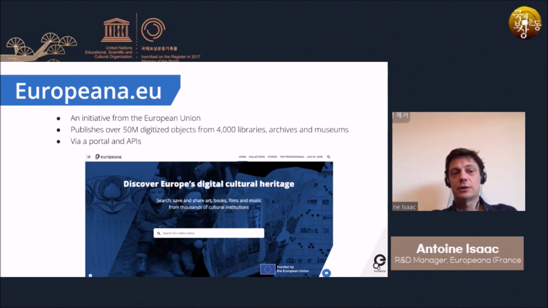Europeana.eu publishes over 50 million digitized objects from something like 4,000 libraries, archives, and museums throughout Europe. We have a portal, Europeana.eu, but we also enable machine access to the data that we have. So programmers who want to reuse cultural heritage data can do so via our API.